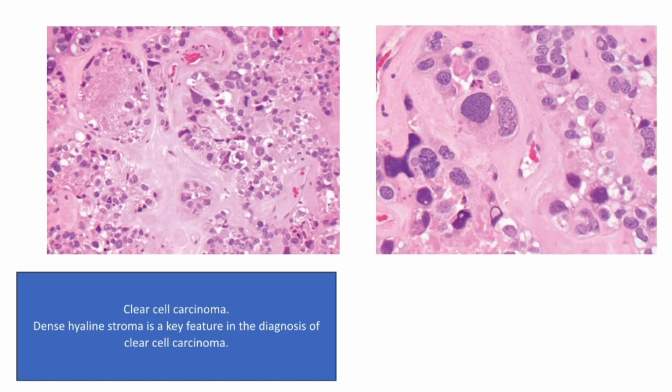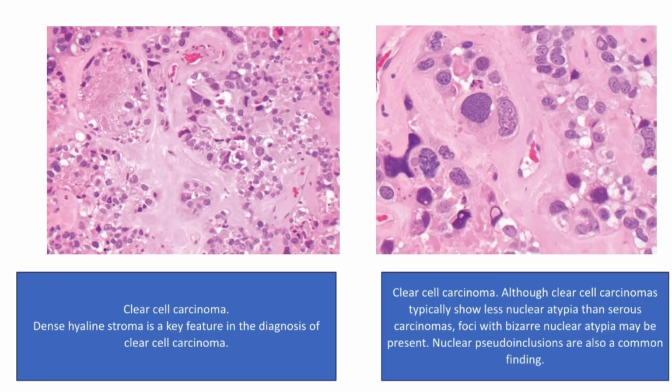This is again a high power view, a little bit serous like nuclear feature, but compared to serous carcinoma the amount of this type of atypia is less, and some of the cells here show pseudo inclusion. So this is nuclear pseudo inclusion. It is also a common finding. Here it is bizarre atypical cells, and this is again a section of clear cell carcinoma.